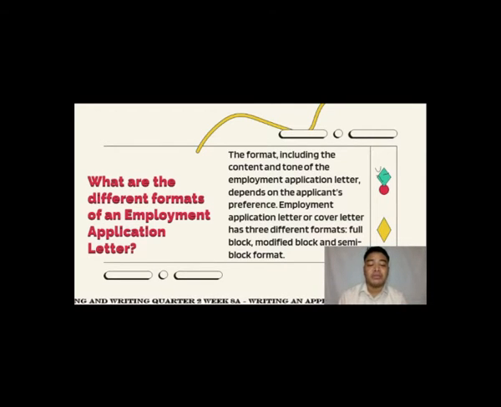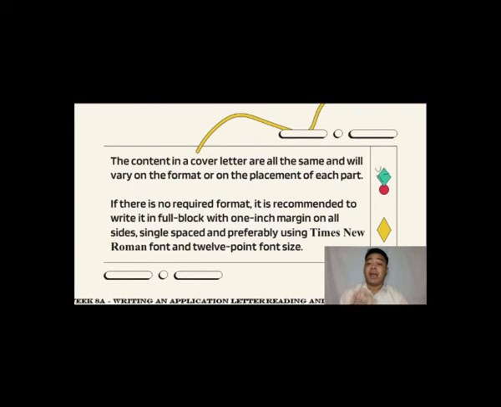An employment application letter or cover letter has three different formats: full block, modified block, and semi-block. The content in a cover letter is all the same and will vary on the format or on the placement of each part.